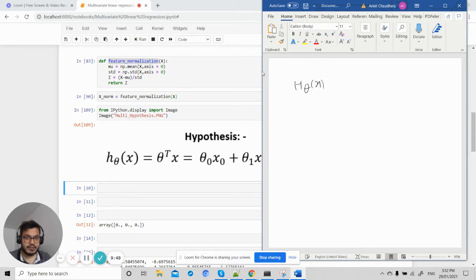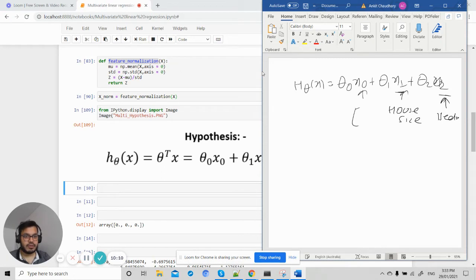Now h theta of x is theta naught x naught plus theta 1 x1 plus theta 2 x2, because we have two features. One is our house size, this is our bedrooms, and this is the matrix of all 1s. So this is what we need to generate. Let's calculate x naught first and then append it with our x.